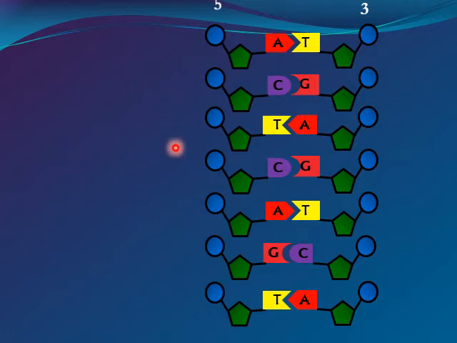The sugar and phosphate groups form the outer backbones of the double-strand DNA, and the bases are oriented inward, forming the core of the molecule. So each strand contains all the required information for the synthesis, that means replication, of the new copy to its complementary.